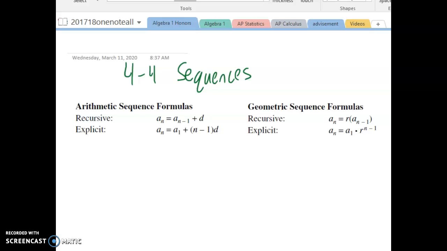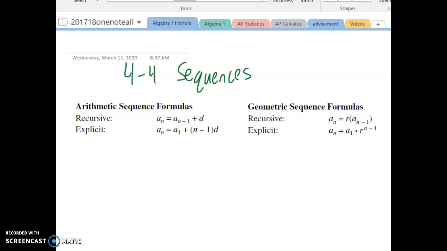So the recursive formula is a sub n equals a sub n minus 1 plus d. What does that mean? Exactly. It means that you're adding the same number every time. Out of the functions that we have studied, which type of function adds the same number every time?